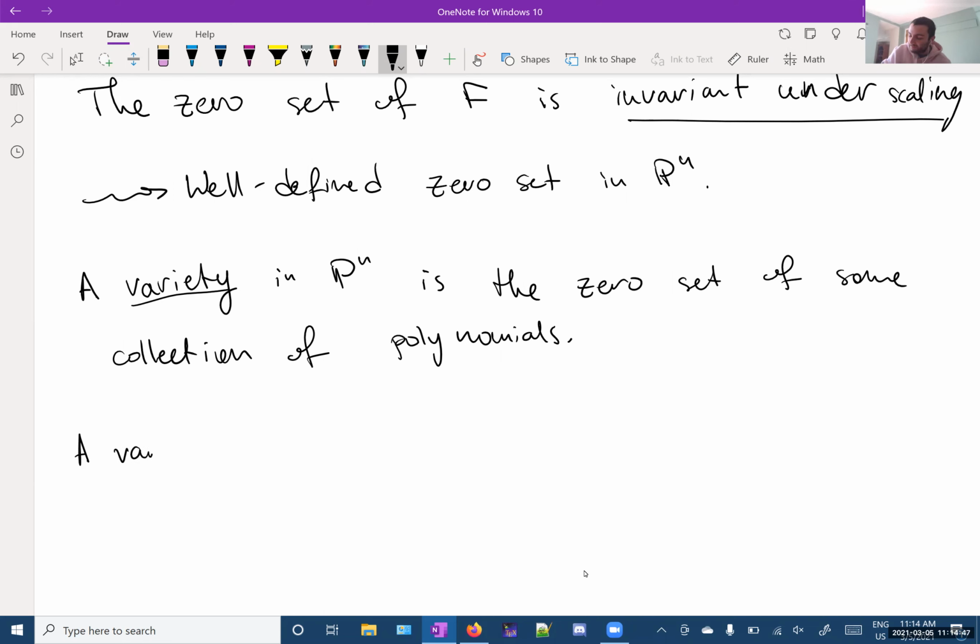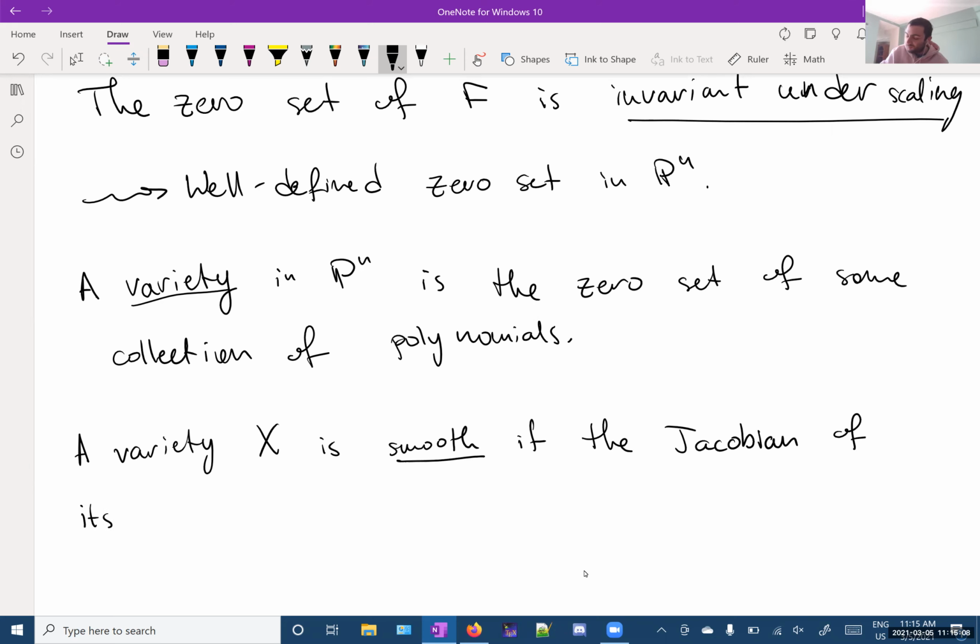A variety X is smooth if the Jacobian of its defining polynomials has full rank.